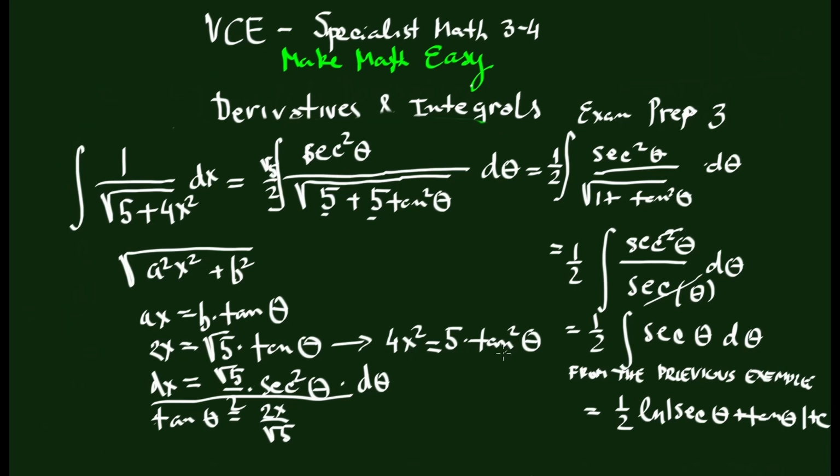Just keep in mind that secant of theta is the square root of 1 plus tangent squared of theta.